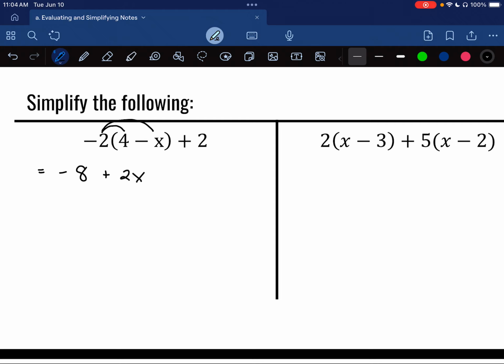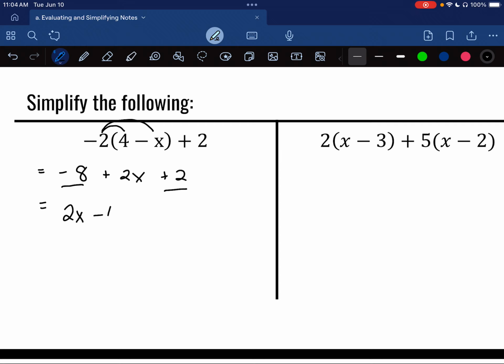And then we still have this plus 2. Don't forget about it. All right, so now 2x doesn't have anything like it, but negative 8 and 2 are like terms. So we like our variables to come first. So I'll have 2x, and then negative 8 plus 2 is negative 6.